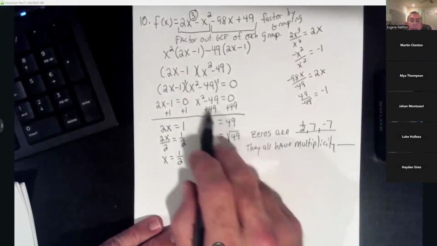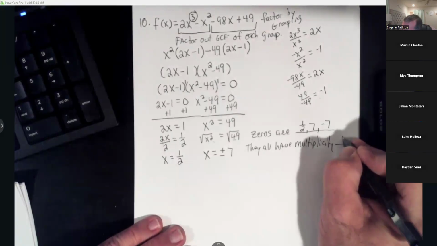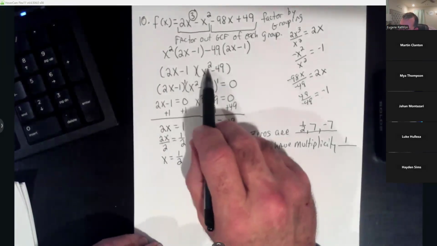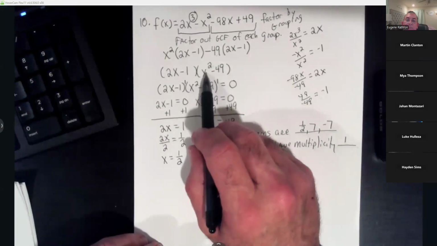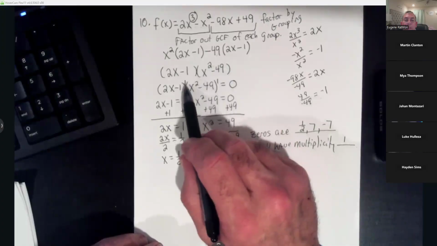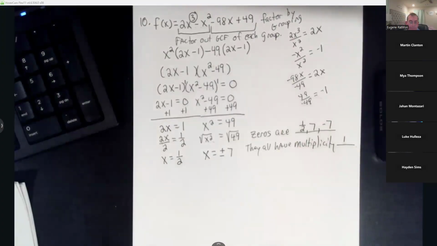And once again, I had to put ones here, so they all have a multiplicity of 1. Remember, I'm not looking at the exponents on the variable that's in the parentheses. I'm looking for these exponents on the outside of those parentheses, okay?